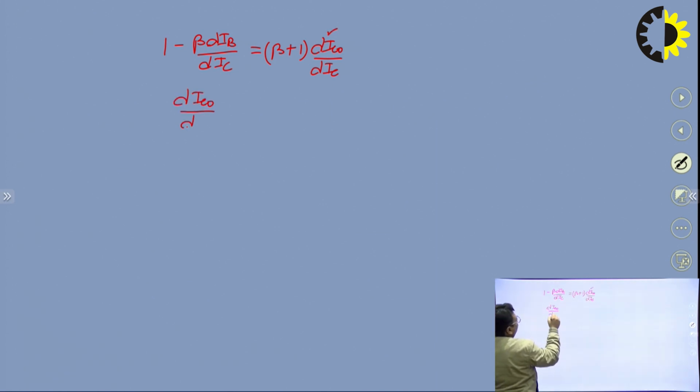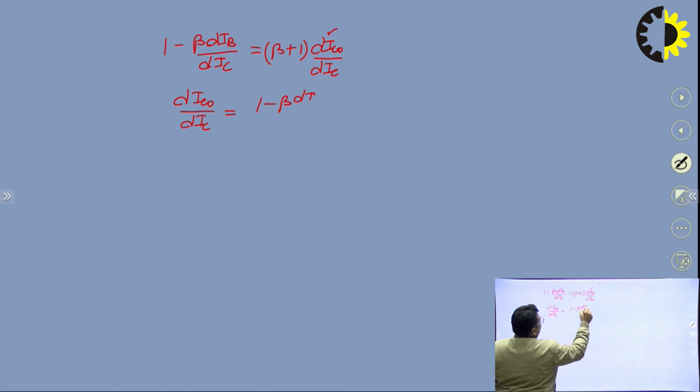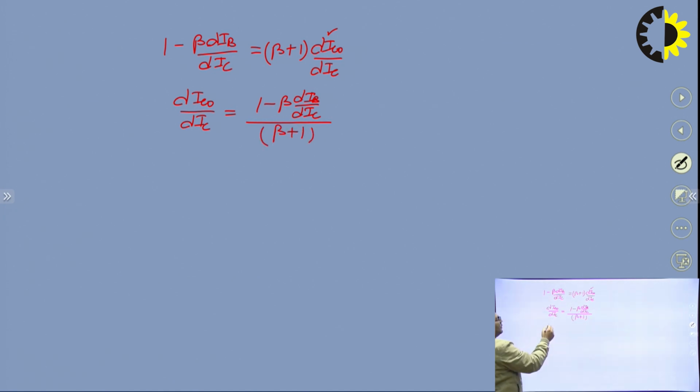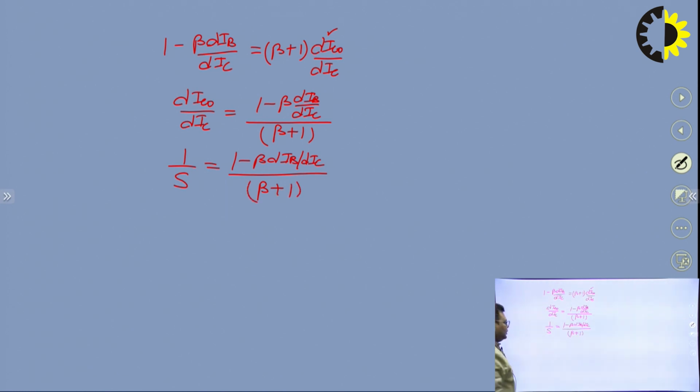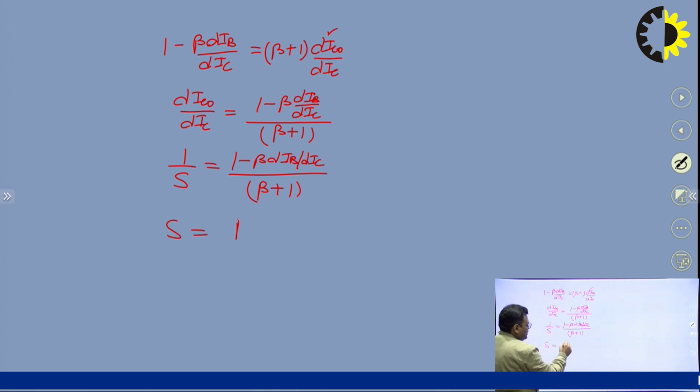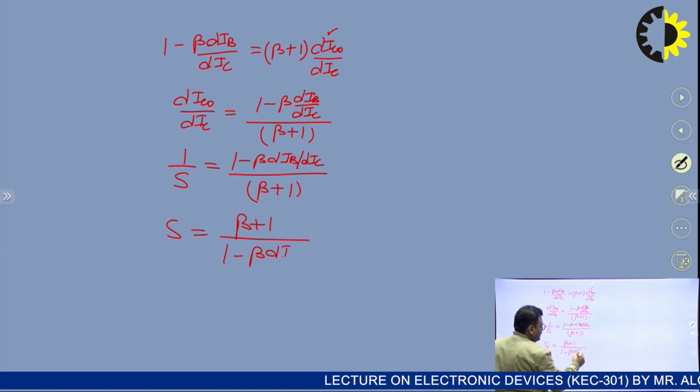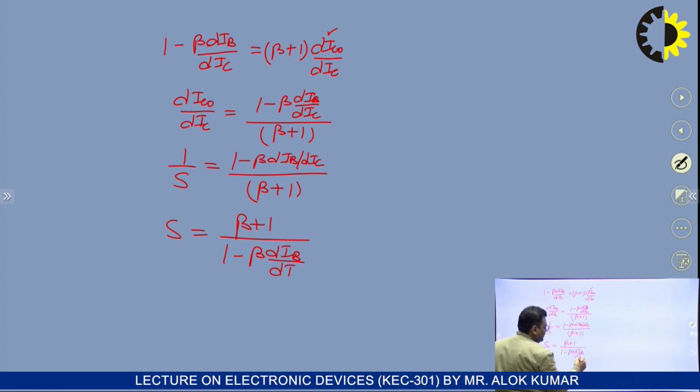So calculate this term, dICO over dIC will be equal to 1 minus beta times dIB over dIC divided by beta plus 1, and this is nothing but the inverse of the stability factor. So 1 upon S is equal to 1 minus beta times dIB over dIC divided by beta plus 1, and so the stability factor will be S is equal to beta plus 1 divided by 1 minus beta times dIB over dIC.